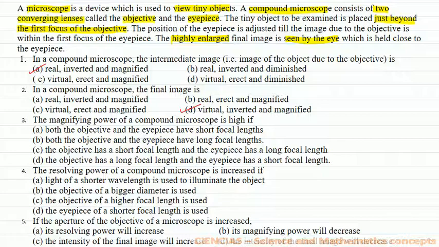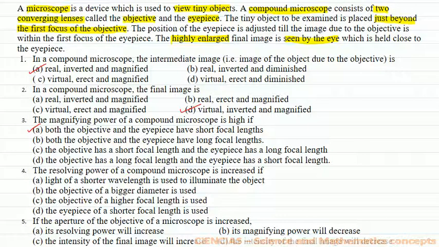Now in question number 3, the magnifying power of a compound microscope is high if: option A, both objective and eyepiece have short focal length. Option B, both the objective and eyepiece have long focal length. Option C, the objective has short focal length and the eyepiece has long focal length. Option D, the objective has long focal length and the eyepiece has short focal length. The answer in this case is A. Why is option A correct?